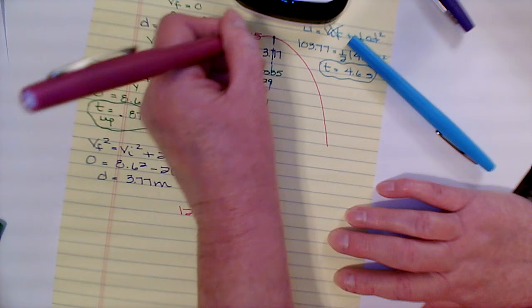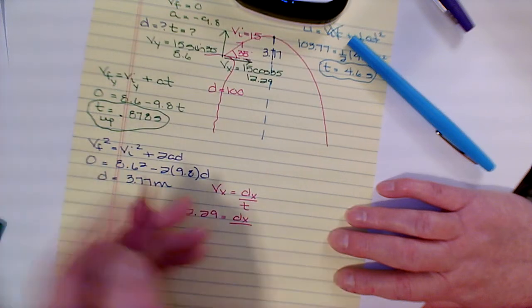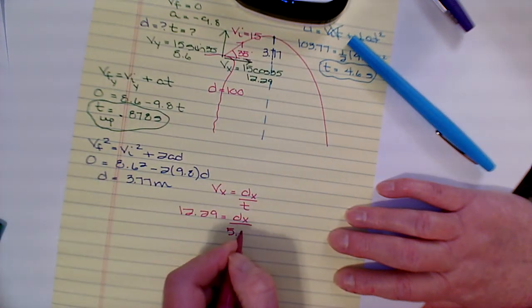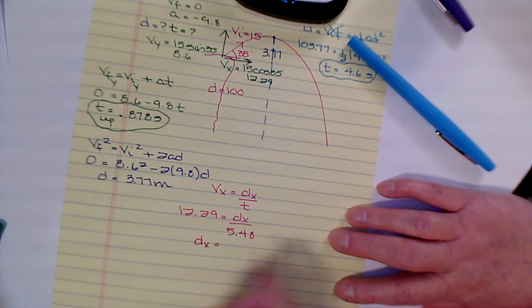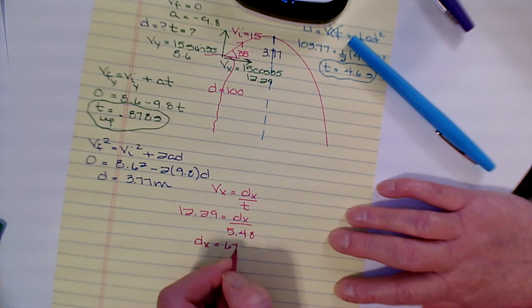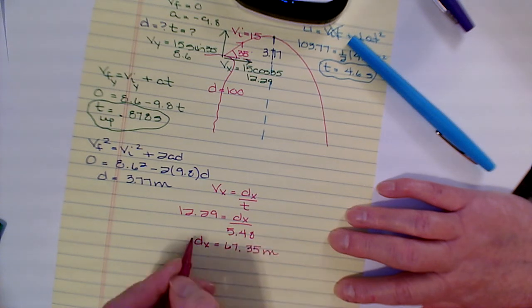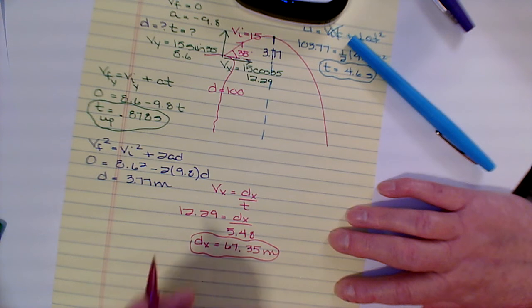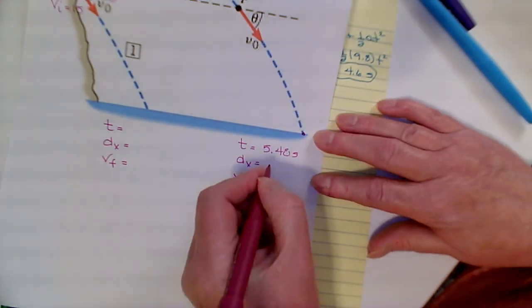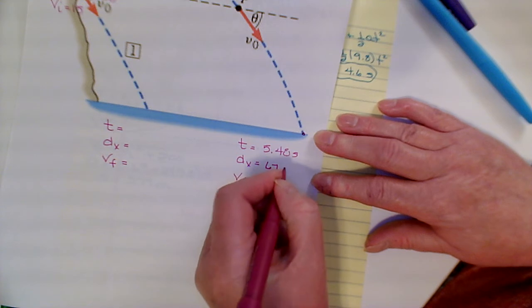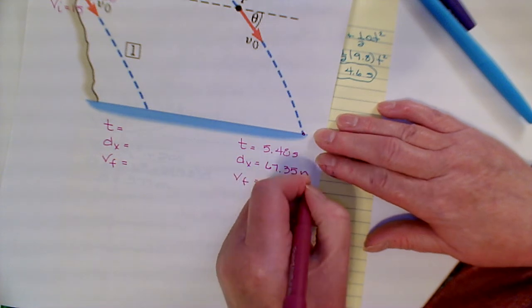And it is in the air for a total amount of time of 5.48 seconds, which means that it has enough time to travel 67.35 meters. So I'm going to circle that, and I'm going to write that in my chart over here. 67.35 meters.